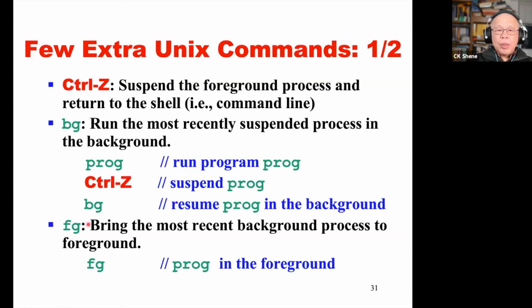The opposite command is FG. The FG command simply brings the most recent background process back to the foreground. So if after that I type FG, my prog program, which is currently running in the background, will be moved back to the foreground. And it has the keyboard as its stdin.